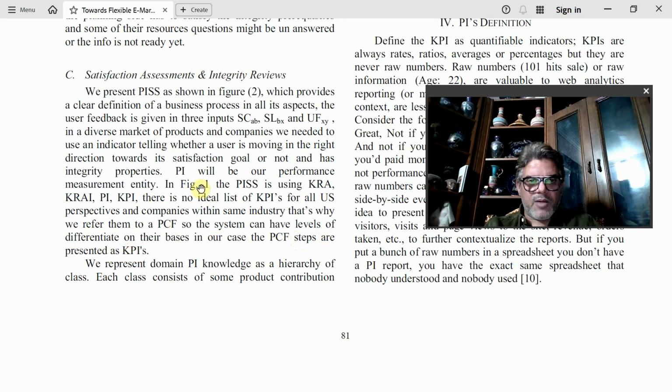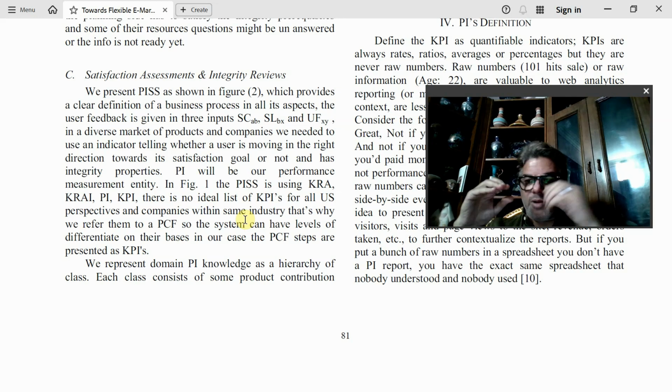Now, I would like to say something about this specific couple of lines. We have the e-marketing environment that contains all participants: user satisfaction, product satisfaction, business satisfaction, and their relational satisfaction processes, the internal satisfaction processes between all the participants, through the performance evaluation of the two testators, which is the business and the users.